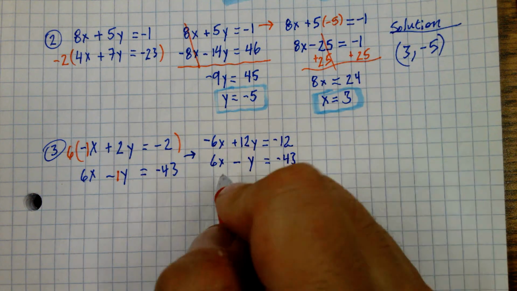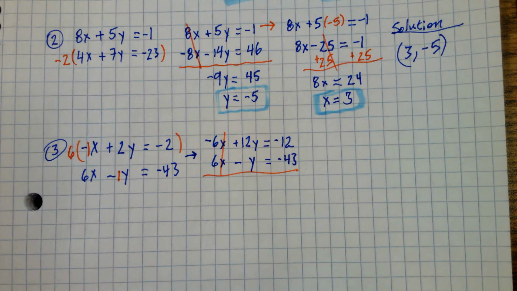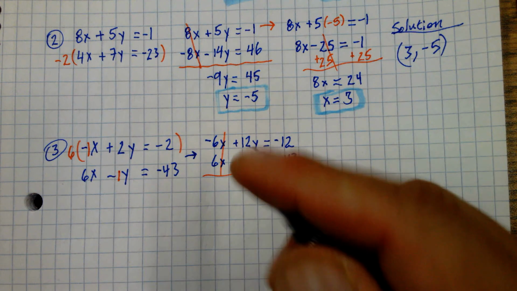And let's eliminate x values again. All right. So negative 6x and 6x cancel. We are left with what?